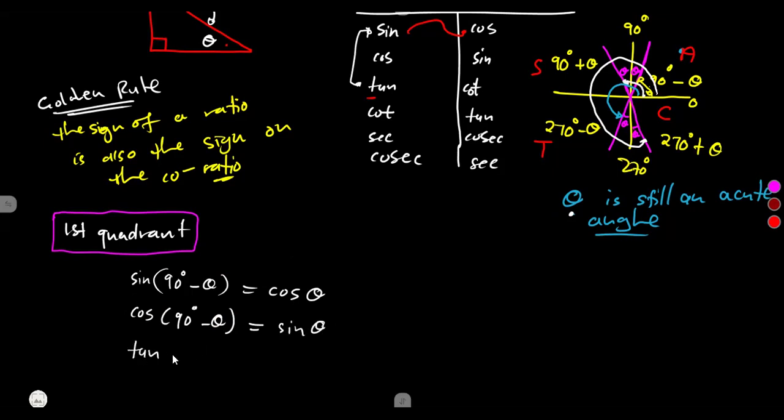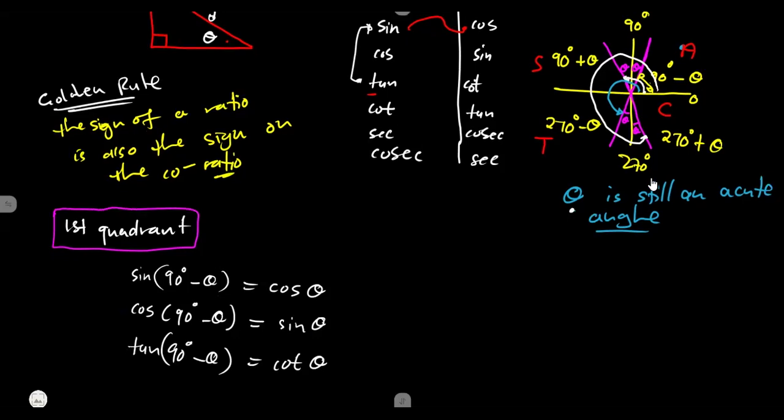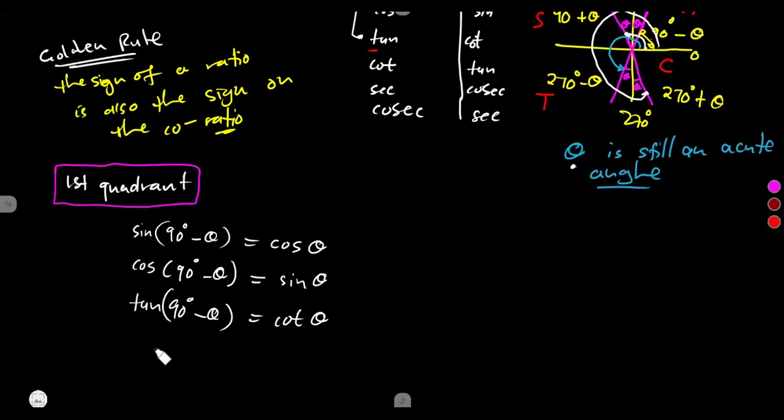The tan of 90 degrees minus theta: all are positive in the first quadrant. But tan changes to its co-function, which is cot. So that's cot of theta. It's the same thing, guys, for the cot and the others that are remaining. The cot of 90 degrees minus theta simply means that when you see cot 90, cot changes to tan.